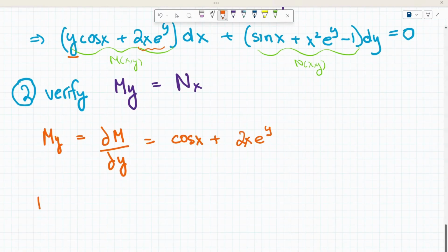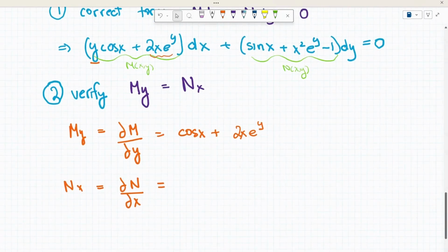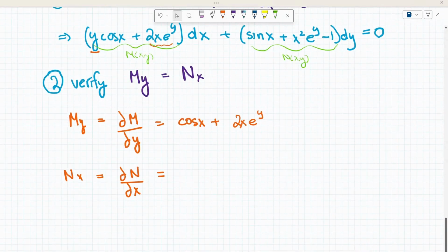Now let's check what N sub x is. This is the partial derivative of N with respect to x, so now we are treating y as the constant and only differentiating with respect to x. The derivative of sine x is cos x. Looking at this piece, the derivative of x squared equals 2x by the power rule, and we multiply by e to the y because that's just a constant, and the derivative of minus 1 equals 0.